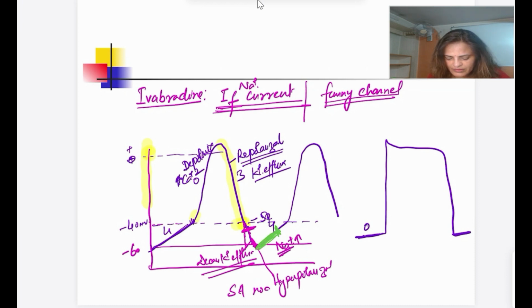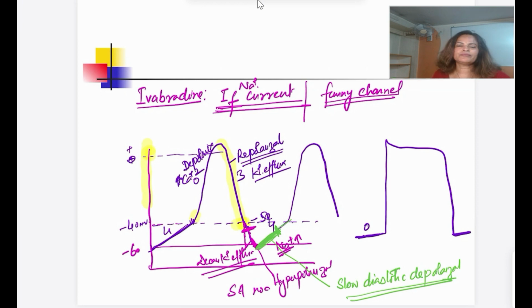This is what we say is diastolic depolarization. This phase is called slow diastolic depolarization or pacemaker potential. Okay, this is a pacemaker potential.